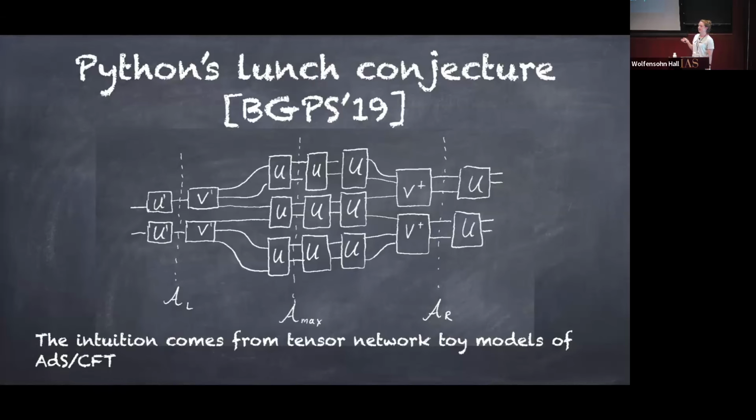You've correctly applied these inverse isometries. But if any of your ancillas after this step aren't in the 0 state, that means you haven't correctly applied the inverse isometry. And that will happen with high probability.